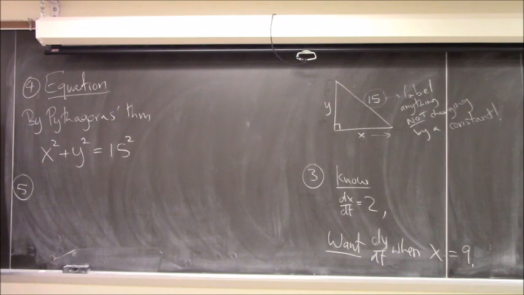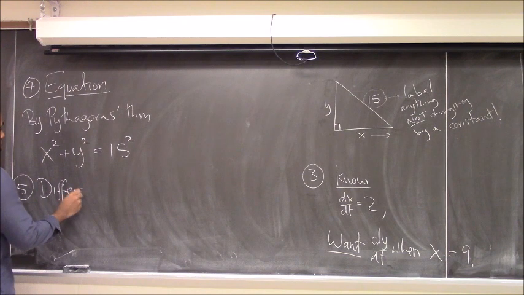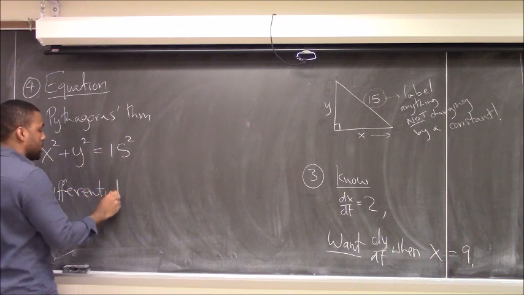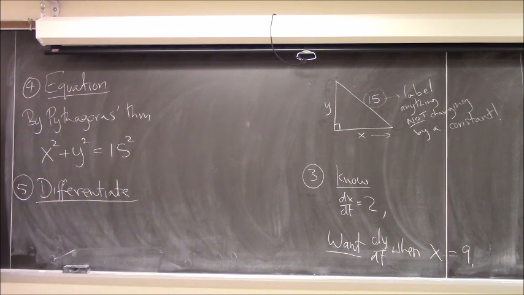Step 5. I'm now going to differentiate this equation implicitly with respect to time. So I'm going to go through one term at a time. The derivative of x squared is 2x times dx/dt.